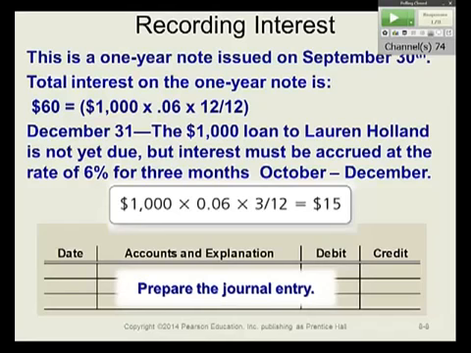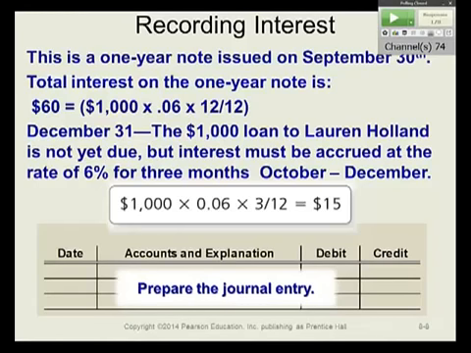Now, the note will mature next year, but in this case, you have 3 months accrued interest. So that accrued interest has to be recorded at year end. So you have 3 months accrued interest, which is going to be for the $15.